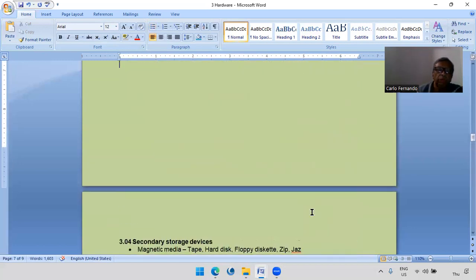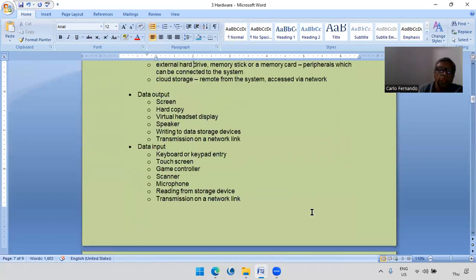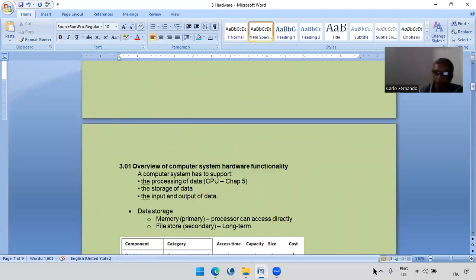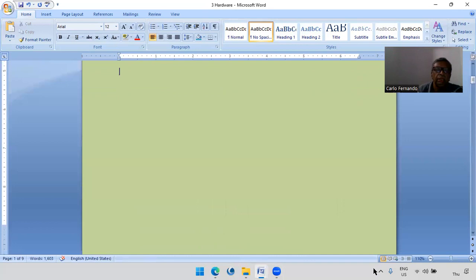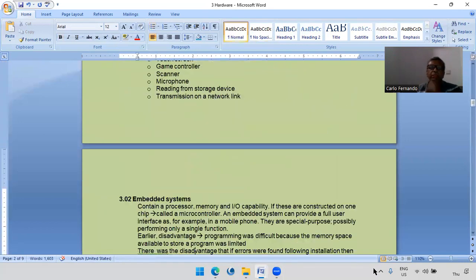So now we have storage and the input and output of data.